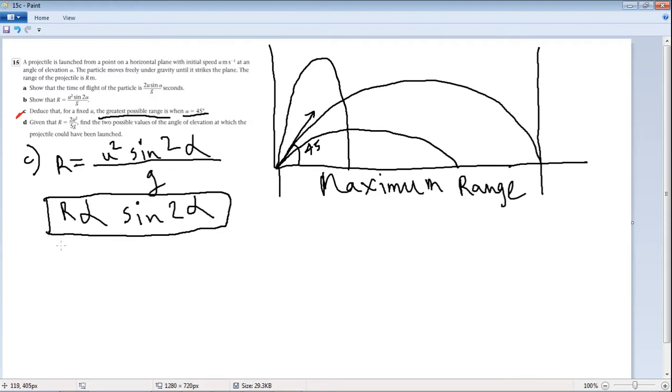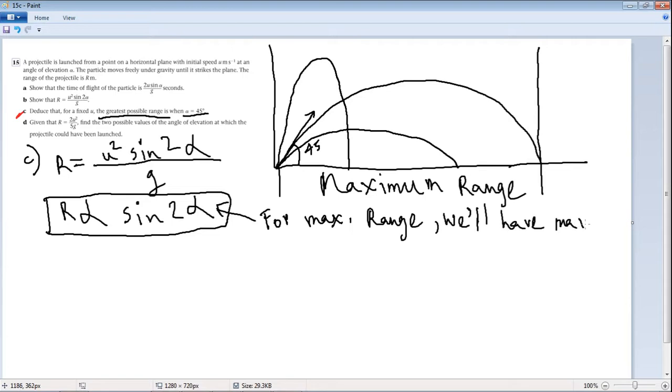So for the maximum range we need the maximum of sine twice alpha. That's the relationship between range and the launch angle.